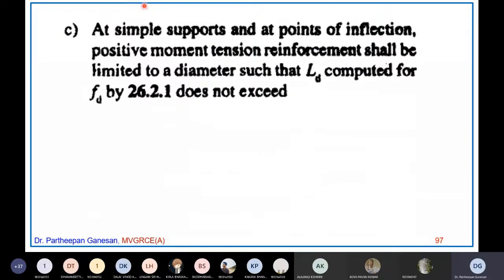Now the next one, at simple support and at point of inflection. What is point of inflection? Anybody knows what is point of inflection?